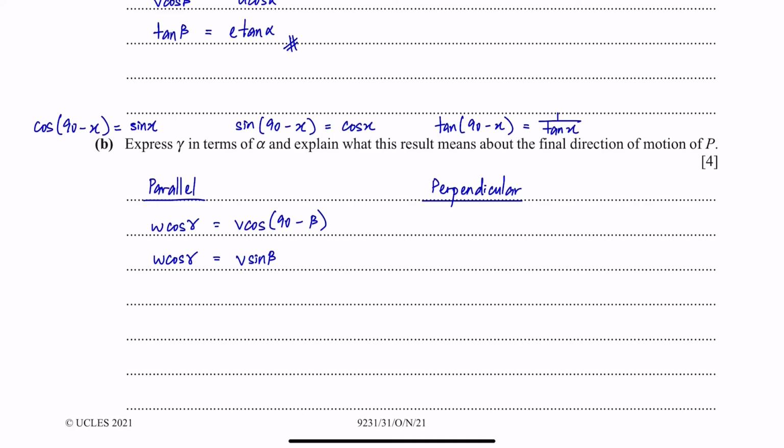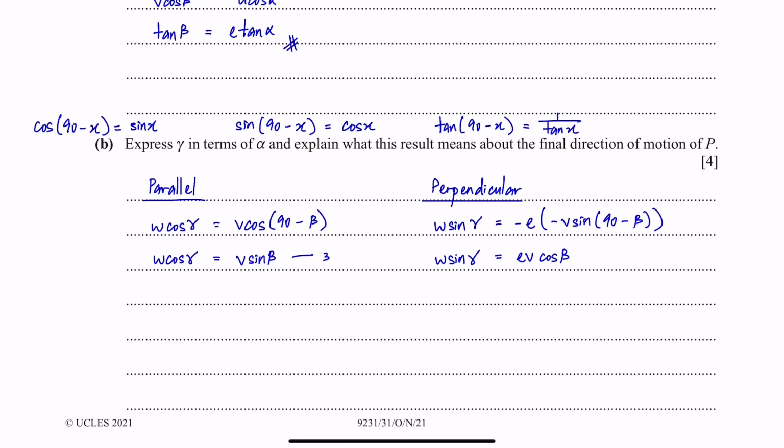So for the direction perpendicular to the wall, we have W sine gamma equals negative E times negative V sine 90 minus beta. So we have W sine gamma equals EV cos beta.